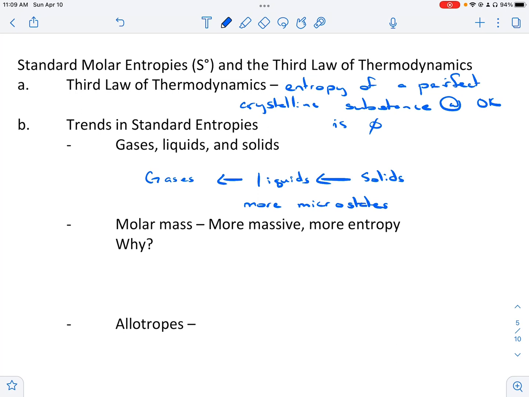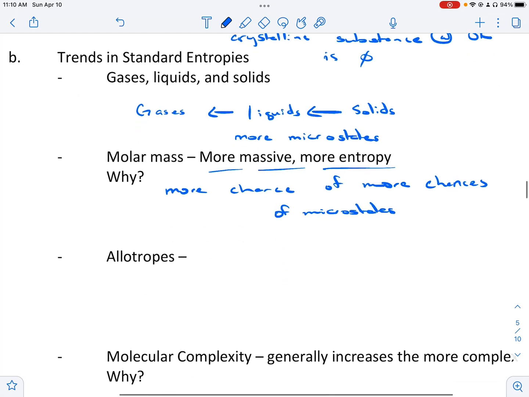The book says it doesn't really want to get into it, but it's basically the fact that as these bigger molecules get closer to each other, there's more chance of movement, or more chance of more microstates. You really just need to know more massive, more entropy. More chances of microstates.